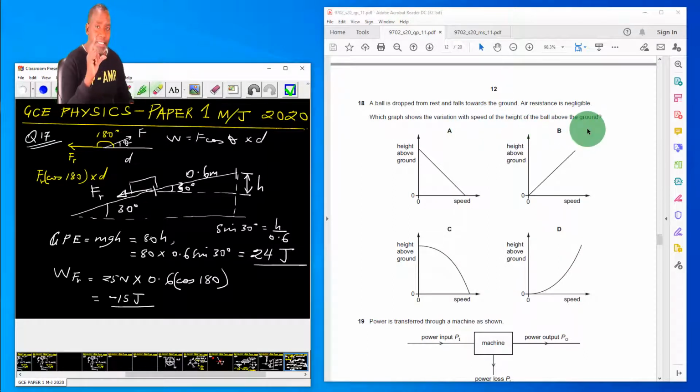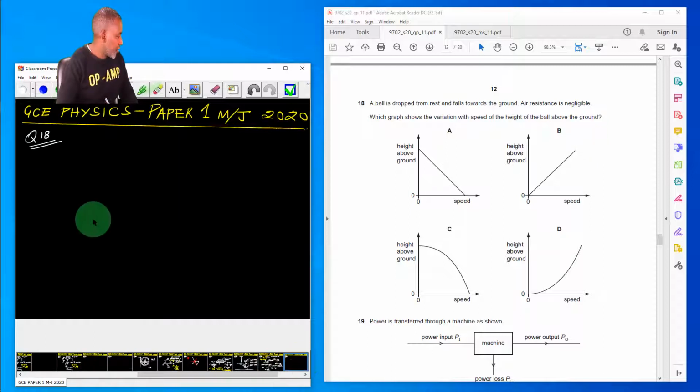As the height decreases, the speed is going to increase. Height above the ground is going to decrease, and since height above the ground decreases, the speed will increase. So this is the situation that we have.